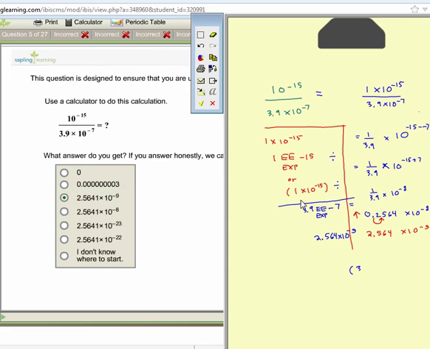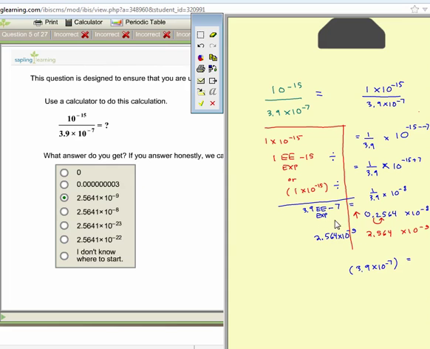You'd have to put divide by 3.9 times 10 to the minus 7, but you would have to have that in parentheses. If you don't want to use your EE or your EXP key, if that's too hard for you, then you can just use the power of 10, but you've got to put every value in parentheses, and then hit equal after every operation. Once you hit equal, this is what you should get.